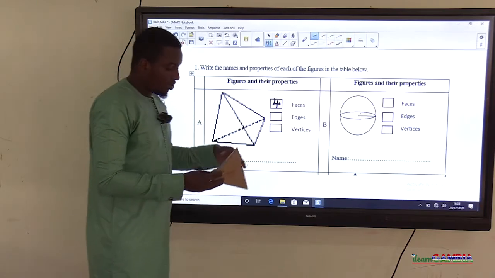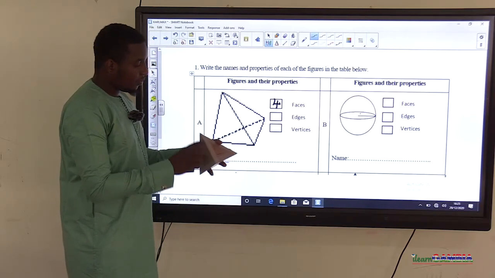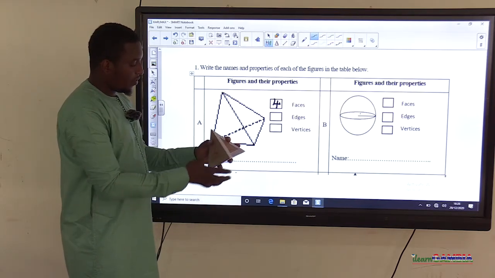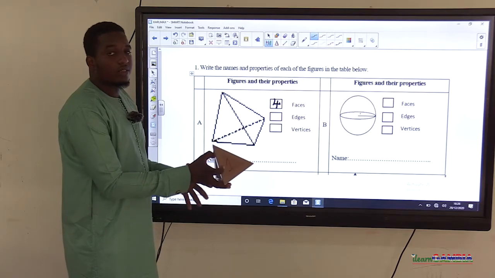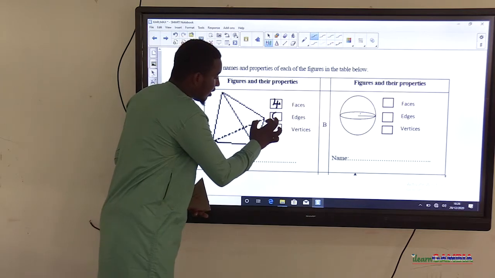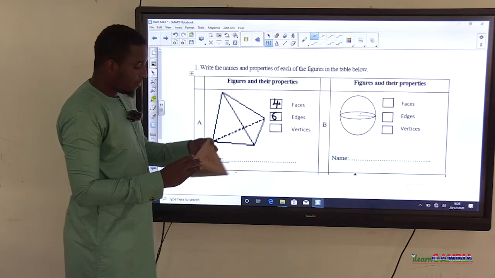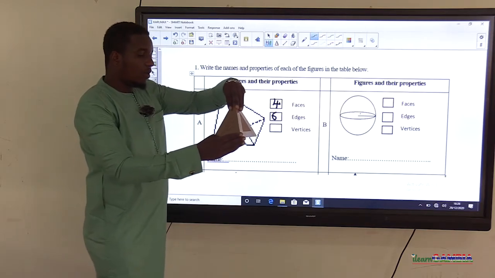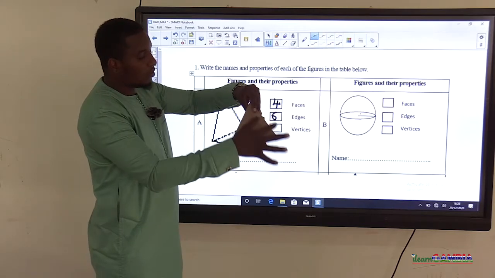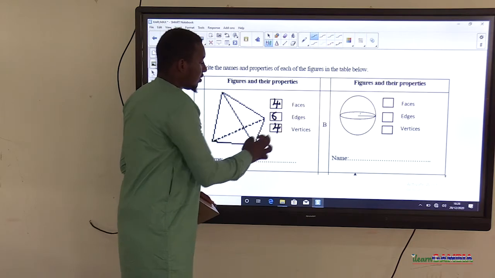Now how many edges does it have? We have 1, 2, 3, 4, 5, and 6. So it has 6 edges. And how many vertices does it have? We have 1, 2, 3, and 4. It has 4 vertices.